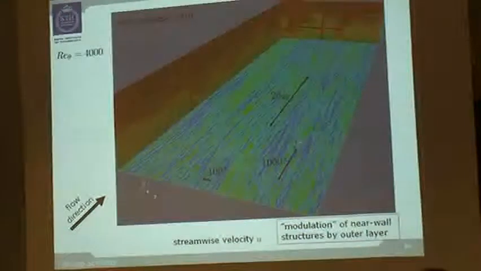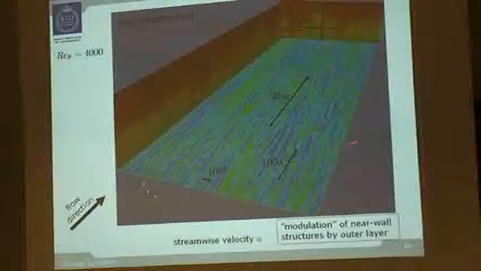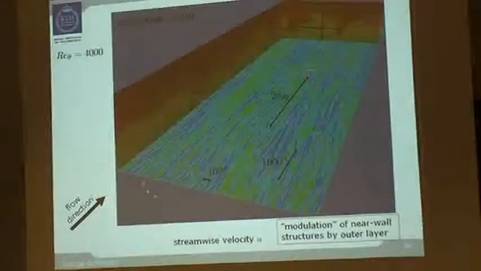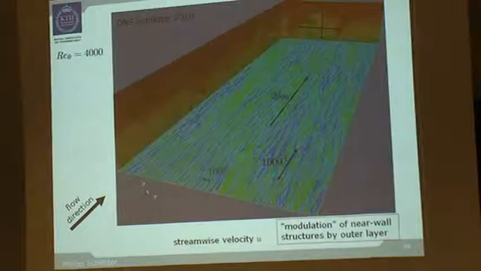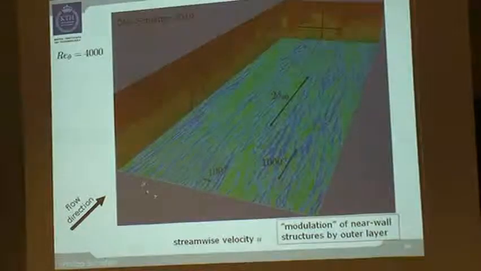The length of maybe one identifiable individual street might be in the order of 1,000 plus units long. But we have these larger scale structures here, which you see at the wall, which are in the order of 1, 2, 3, 4 delta 99 long.